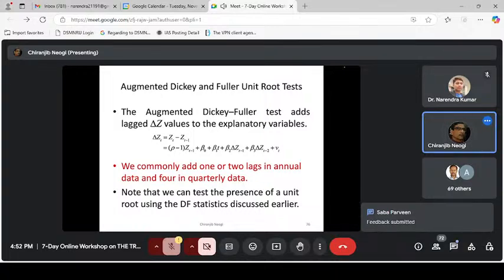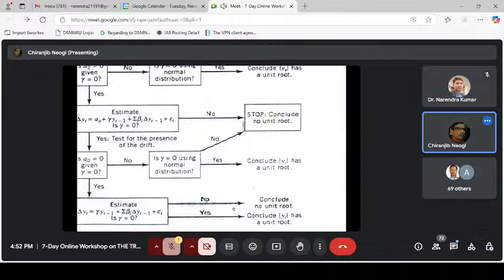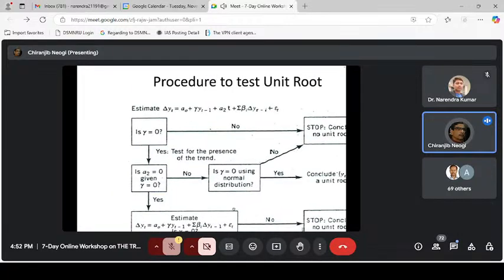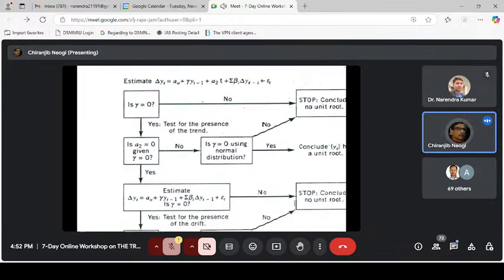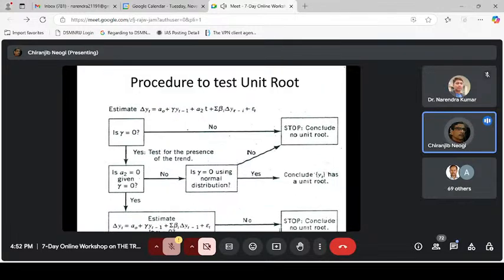Now, these are some processes by which we can perform that unit root test. There is a step-by-step process by which I can say this is the total equation, and first we test this gamma value, whether it is 0 or not.